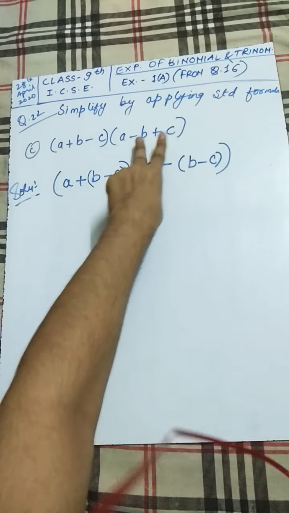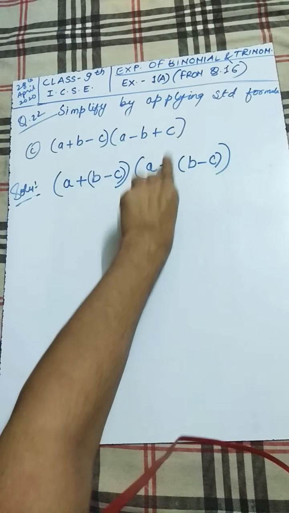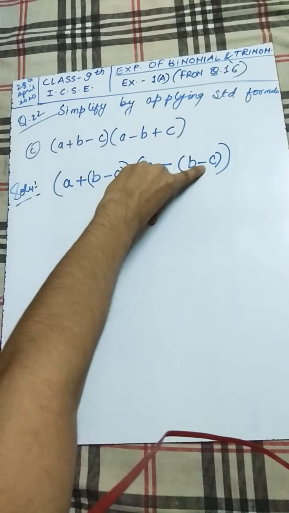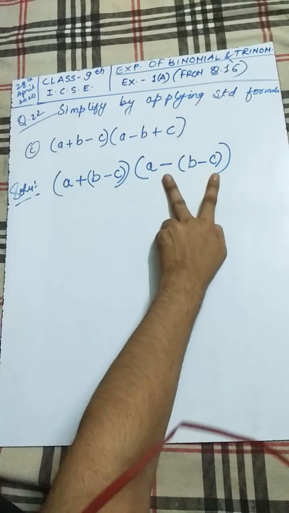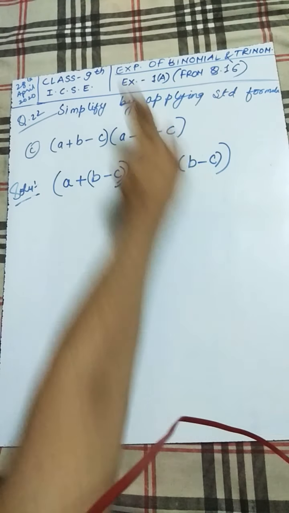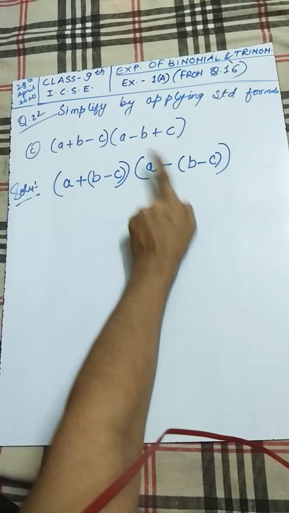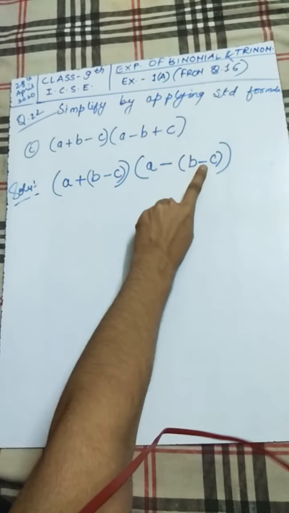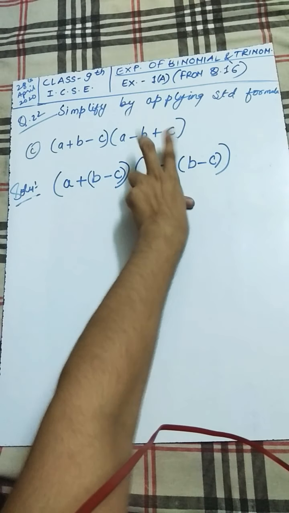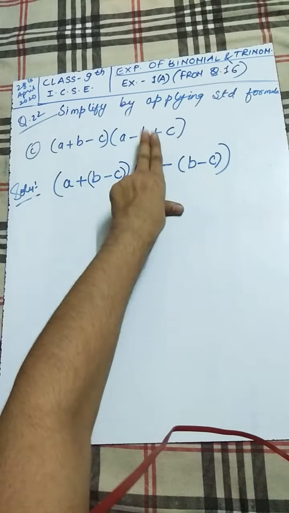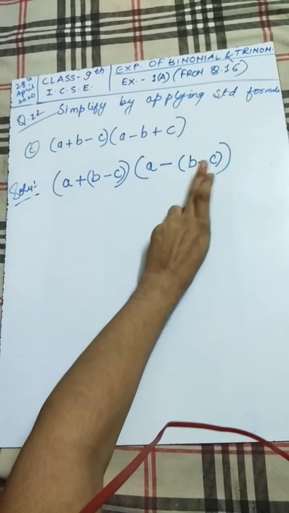From these two I have taken minus common. See, minus I have taken common, so this b and this plus will become minus. If you don't understand this step, go back. How? Multiply minus inside, minus into b, this is minus b, minus into minus is plus c. So if you want to take minus common from this, take minus common, this will be positive and this will be negative.